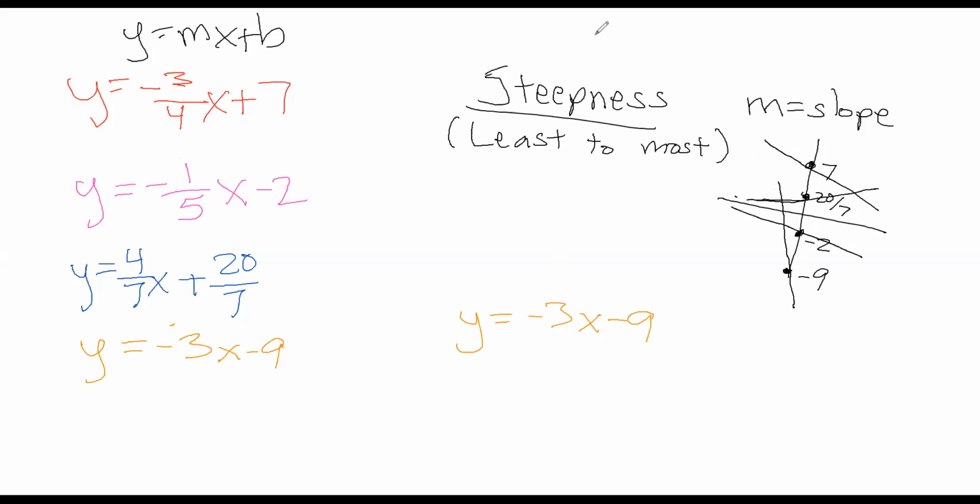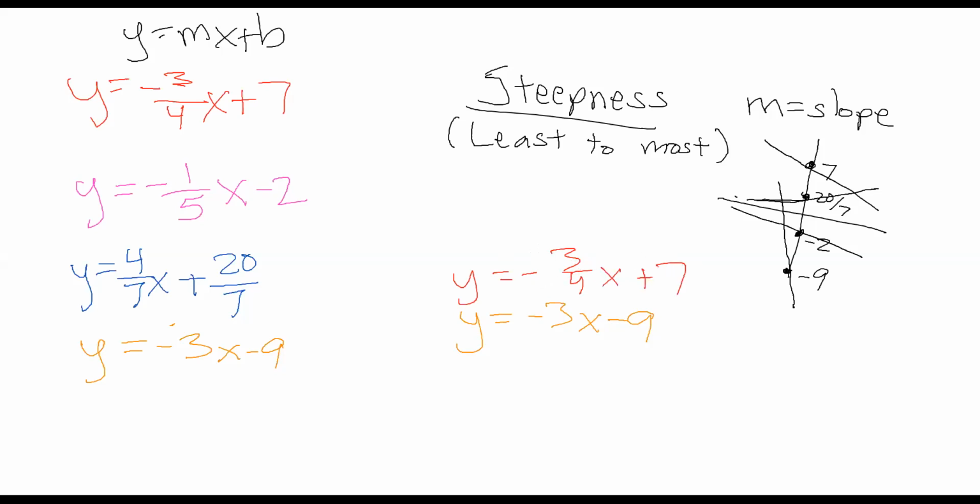So for the next most steep, I converted all of these to decimals. This is about 0.75, 0.2, and this is a little over 0.5. So 0.75 would be the next steepest. It's higher than 0.5. So the next steepest equation is going to be y equals negative 3/4 x plus 7.